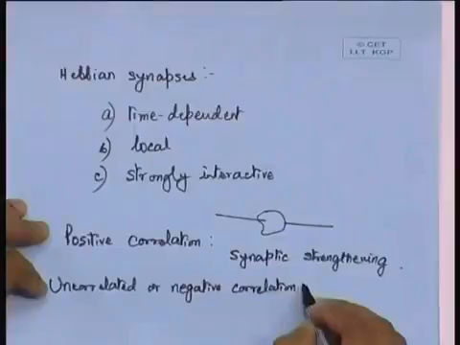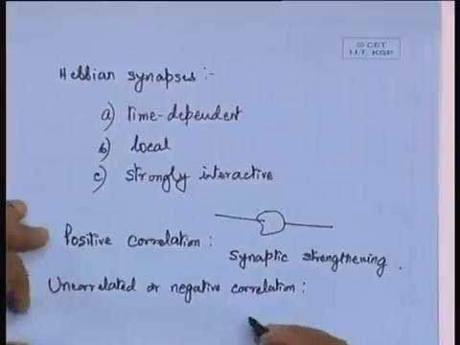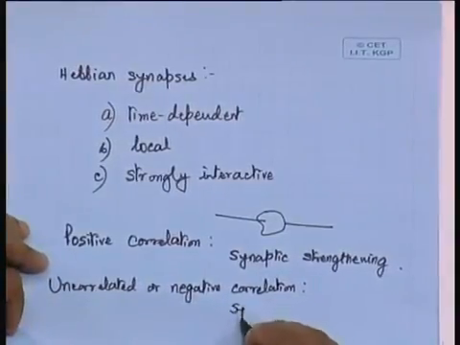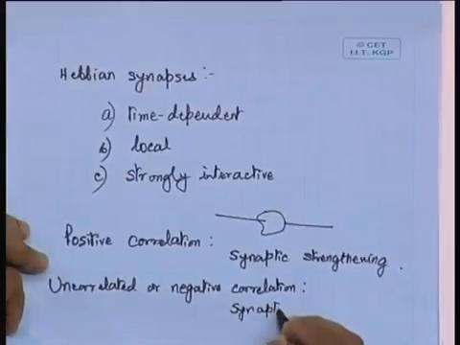For such binary activations, when cell A, which is regarded as the presynaptic, goes to a state of +1, and the postsynaptic is at a state of -1 at the same time, synchronously, then we can define that to be a negative correlation. And a Hebbian mechanism simply means that in case of such negative correlation, we are going to have a synaptic weakening.